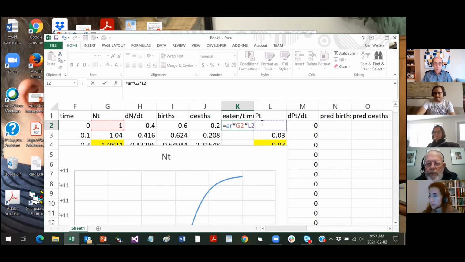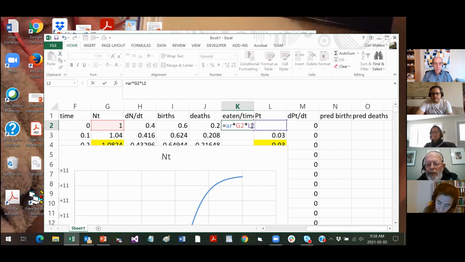It says more prey will be eaten if there are more prey there to be eaten, or if there are more predators there to eat them. This is the simplest possible prediction that makes any sense at all for how changes in prey and predator numbers will affect the number of prey that get eaten.